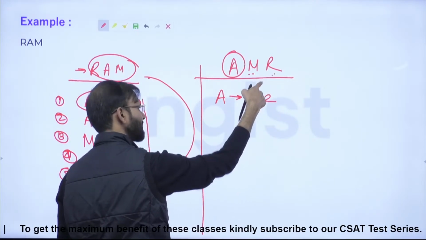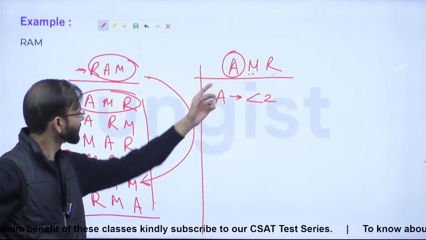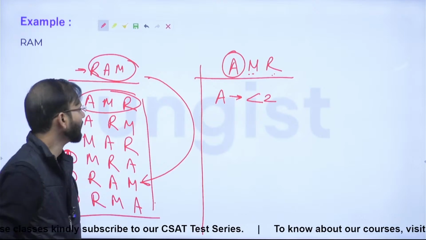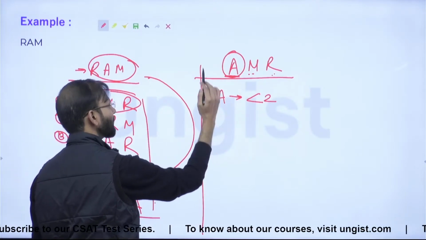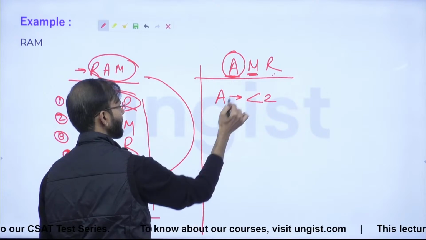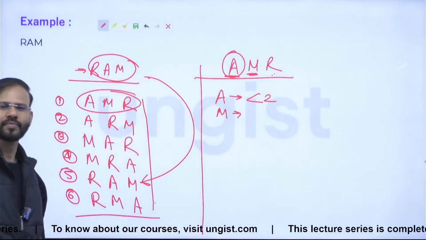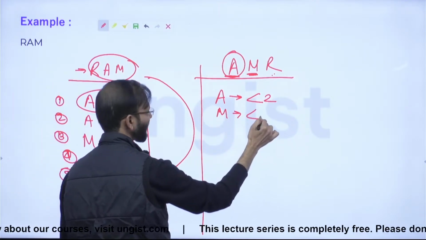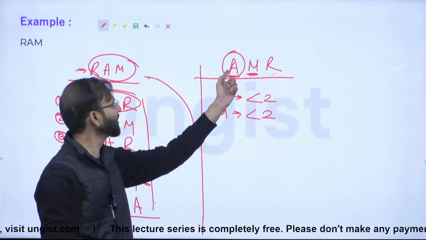They are distinct, so that's why it is factorial 2. Getting it, everyone? After that, cases with A are exhausted. Now the first position will be given to M. Guys, is it clear? So if first position is given to M, starting with M we can again have factorial 2 words, because apart from M, we have A and R.